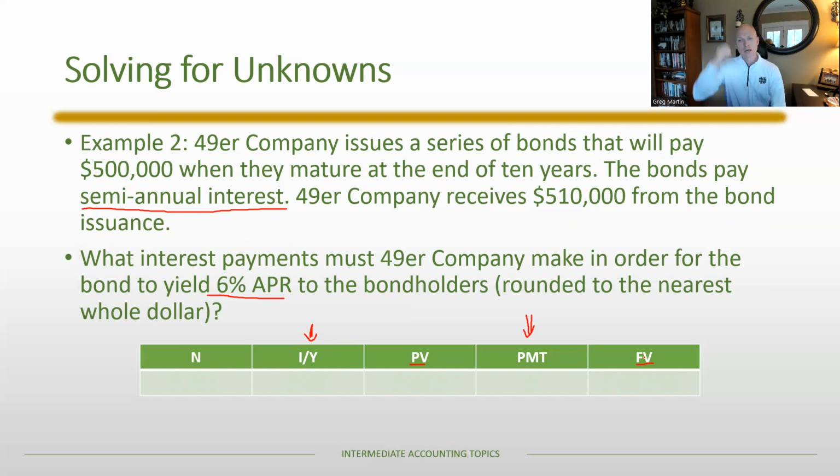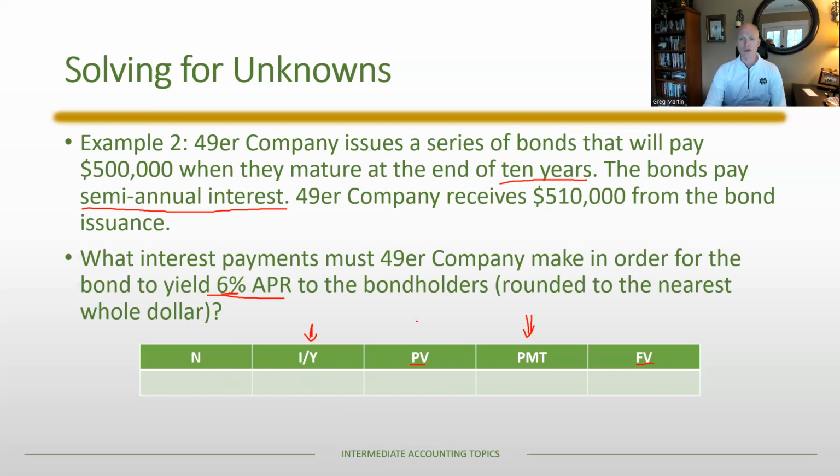And so in this case, if we look at our information, again, pause it here, see if you can fill in as much as you can. But our N is, if it's a 10-year bond, that means semi-annual would be 20. If the annual yield is 6%, it means that the semi-annual yield is going to be half that, or 3%.